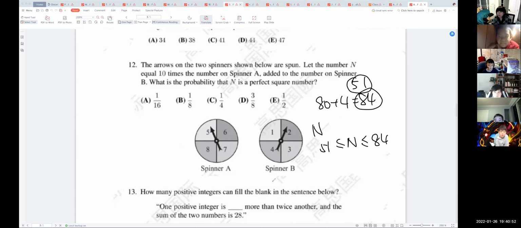Correct, everybody? Do you understand this part? 因为这个 n 最小是不是就是51啊？就是A放到5的时候，然后 B 放到1的时候，correct? And the biggest is 8 and 4, correct? So n, which is a perfect square, could be 64 and it could be 81.